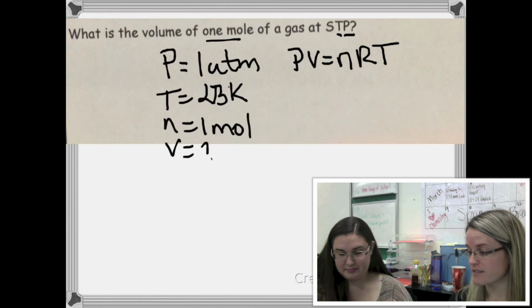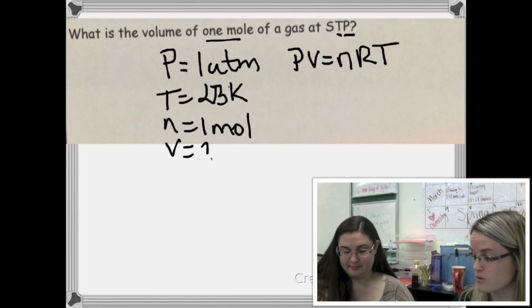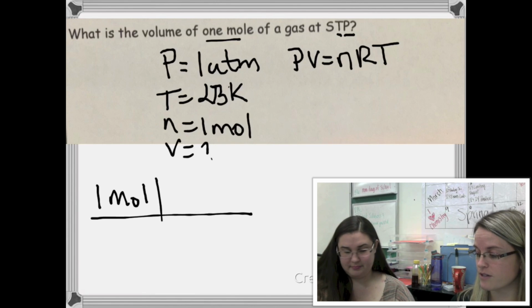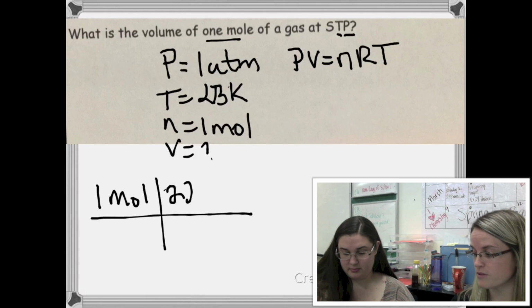All right, so since we know we're starting with 1 mole as our given, we're going to write this just like a stoich problem would be. And we know that 1 mole of gas at STP has what volume? 22.4. So we can put 22.4 liters on top and 1 mole on the bottom.